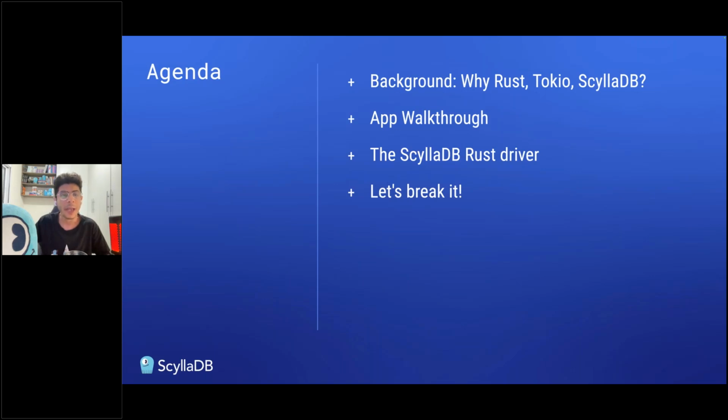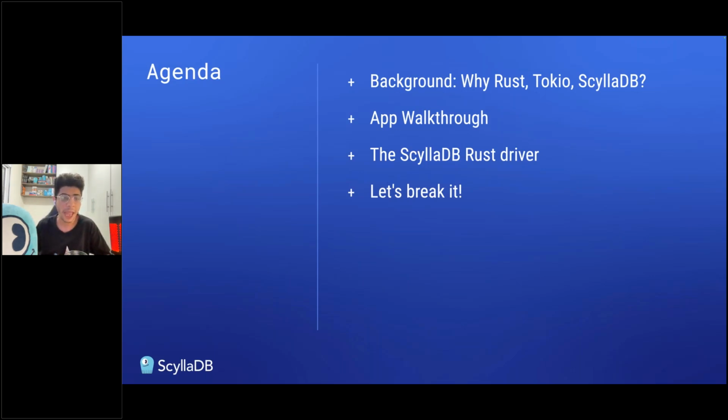All right, so let's take a quick look over our agenda items first. Let's start with some background over why we are here today. After all, what makes Rust so special, right? Why are we not talking today about Java, Golang, or another language? Why is it Rust? Let's understand what Tokio is. I also want to make a parallel here about some of the commonalities that Rust, Tokio, and ScyllaDB have in common.